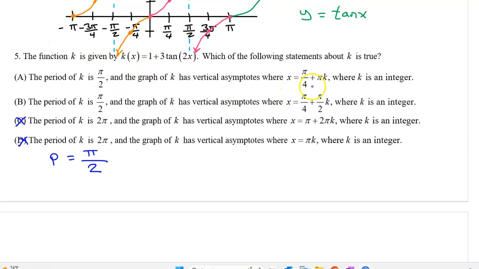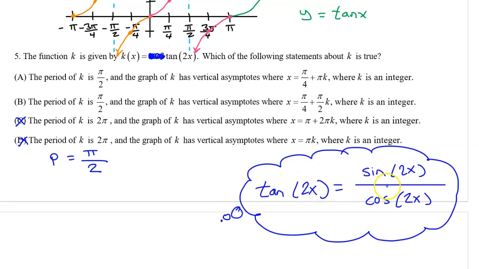Next, we need to come up with an expression for the vertical asymptotes. A vertical translation and a vertical dilation will not affect the position of vertical asymptotes. So for this part, we can ignore the 1 and the 3. You don't need to write this down, but you should be thinking the tangent of 2x is equal to the sine of 2x divided by the cosine of 2x.